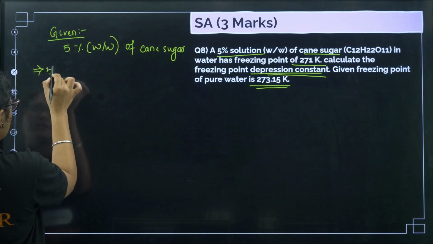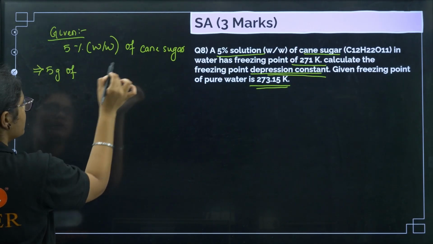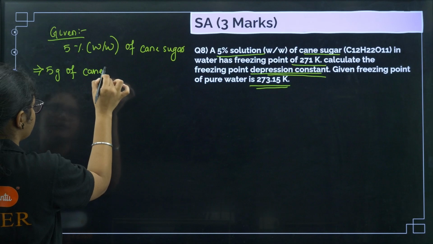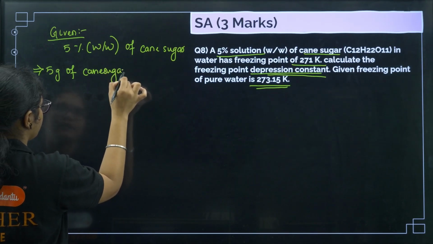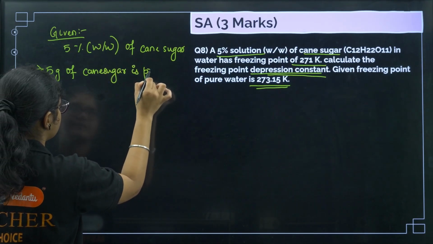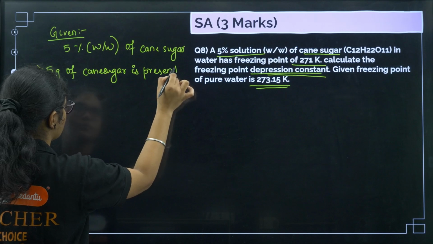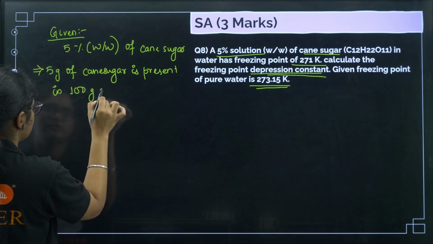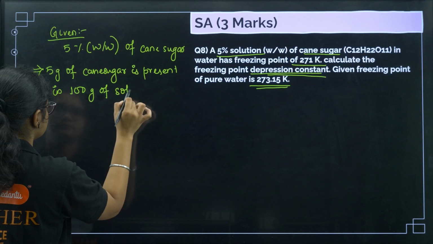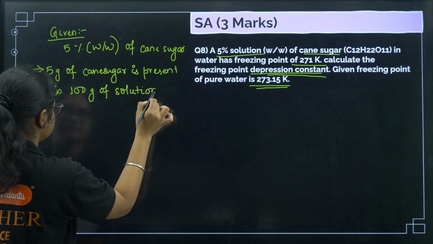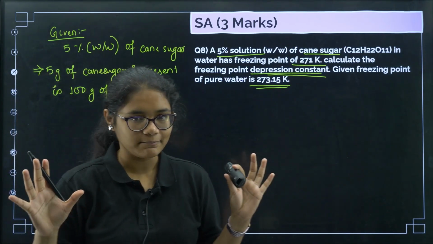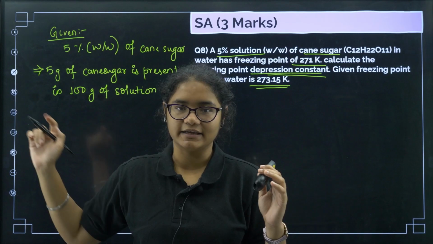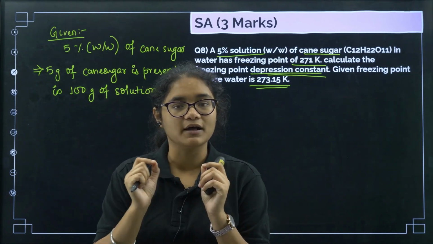This implies that 5 gram of cane sugar, the solute, is present in 100 gram of solution. So that means total solution mass is 100 gram and out of that 5 gram is cane sugar, right? So that is what is the mass of solvent here.